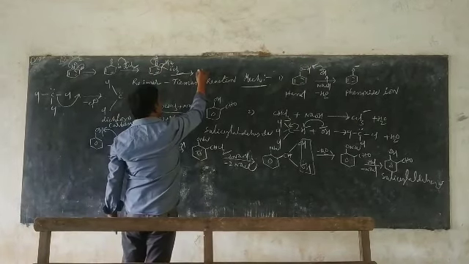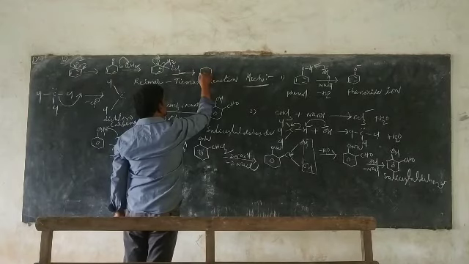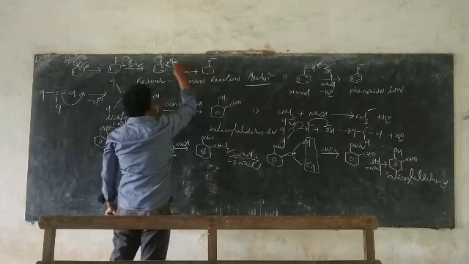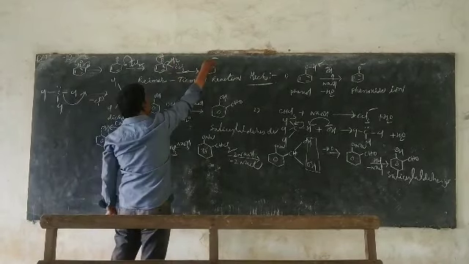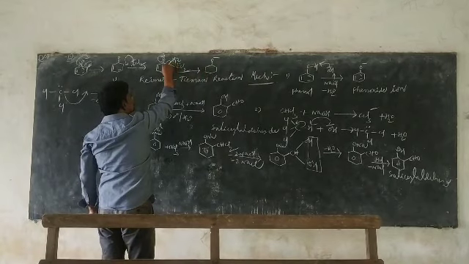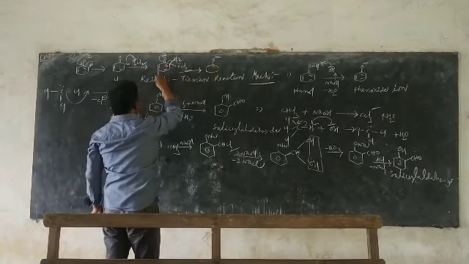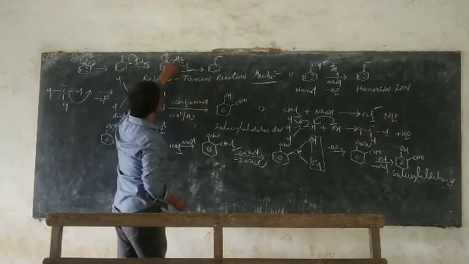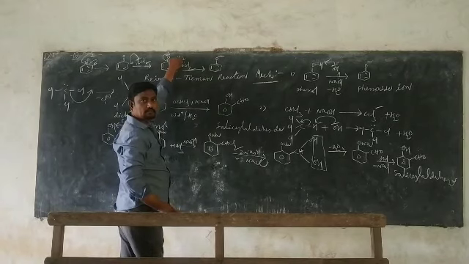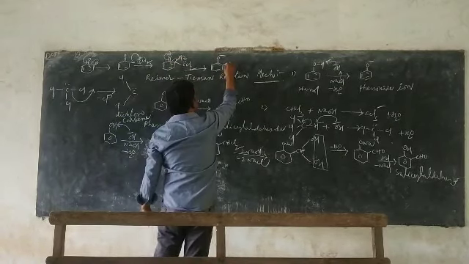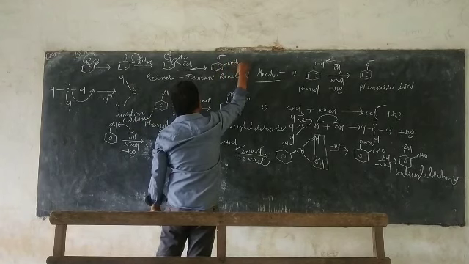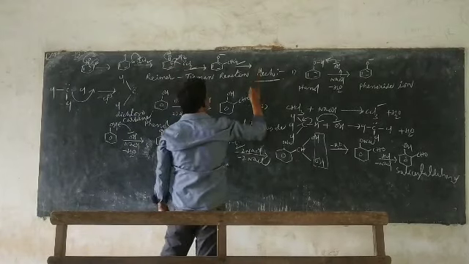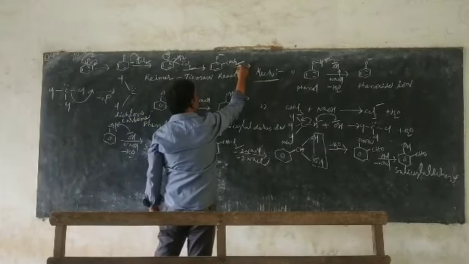In the next form, the O minus pi bond shifts into the ring, with the pi bonds as usual and the lone pair here. So it gives CHCl2.